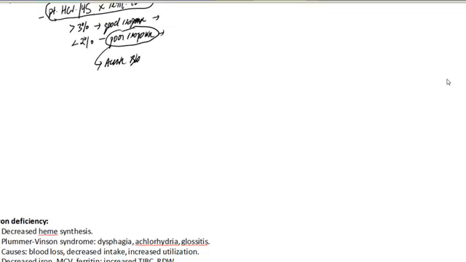Because with acute blood loss, we know there's not enough time for erythropoiesis to go on, okay? So acute blood loss is anything less than 5 to 7 days. And then we talked about early iron deficiency anemia, or early iron deficiency. We talked about anemia of chronic disease, aplastic anemia, even renal disease, okay?